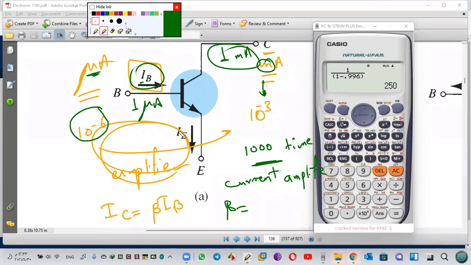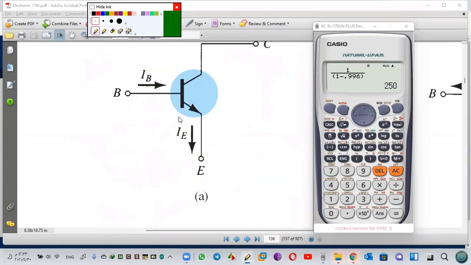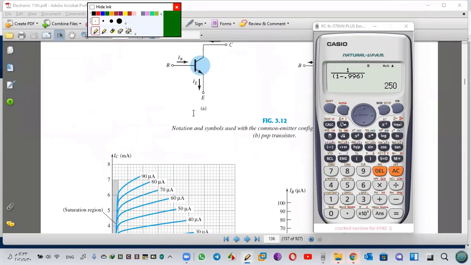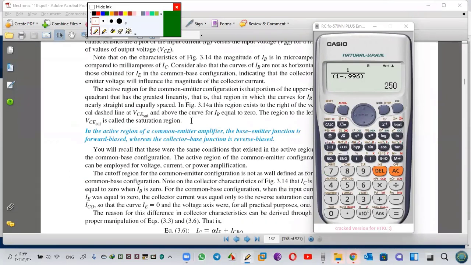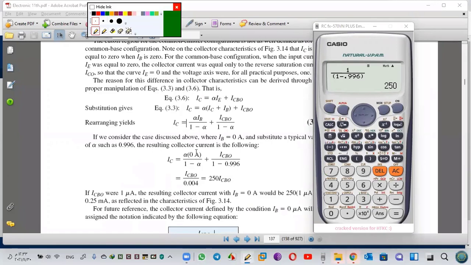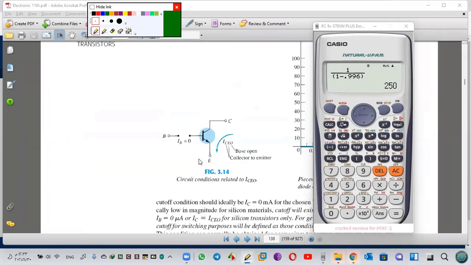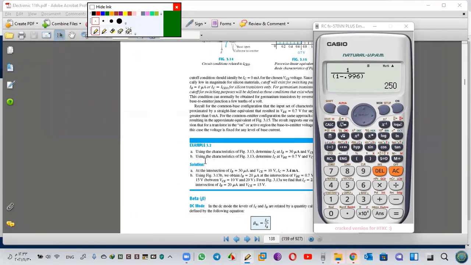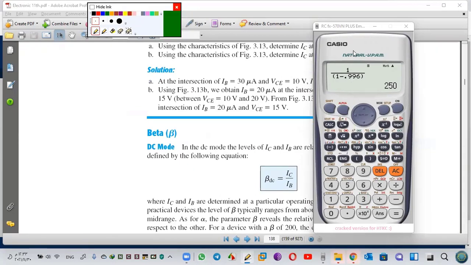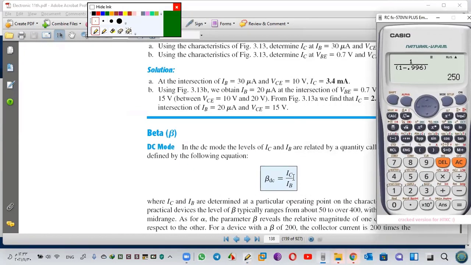So now we have two very important factors. What are they? First one is alpha, second one is beta. Beta is IC over IB.